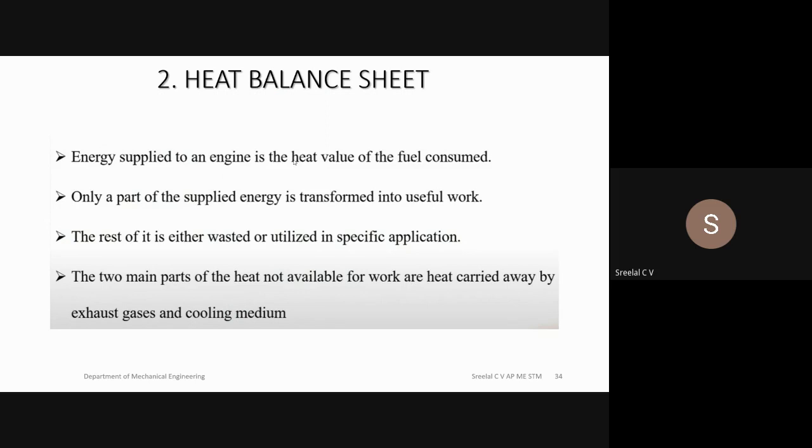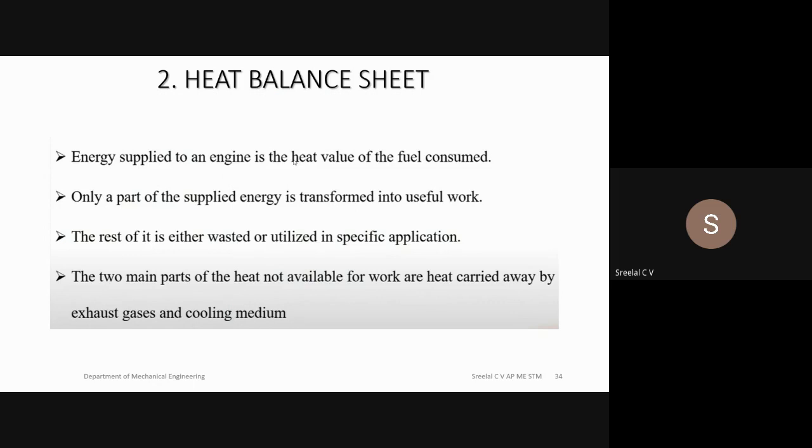The main input and output we consider is the heat energy, or the heat value. So can you please tell me in what form this energy is given to the engine?